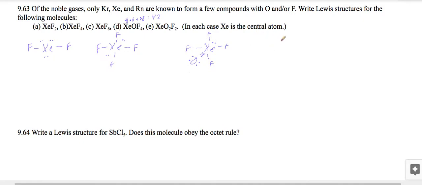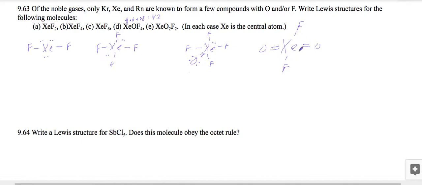So for the next one, I have xenon dioxide, difluoride. And this is what it's going to look like here in the end. And we can do the formal charges on this one again.